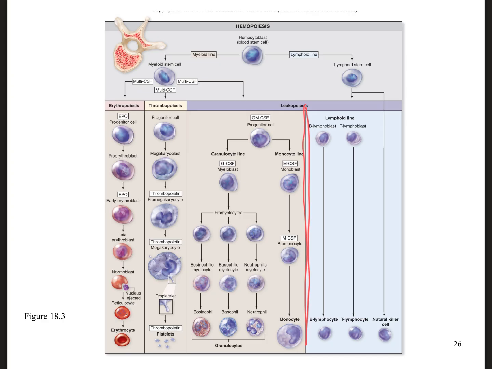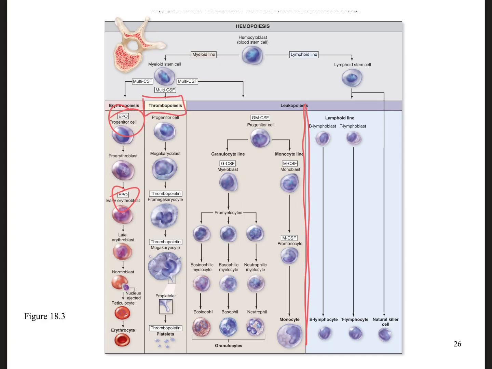They're related, and depending upon what growth factors are present, the cell will be stimulated to go one way or another, and the presence of those growth factors depends upon what's needed by the body. So eventually you get erythropoietin up here, which stimulates the production of red blood cells.